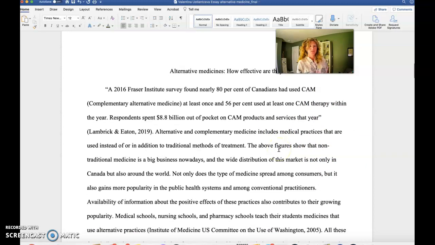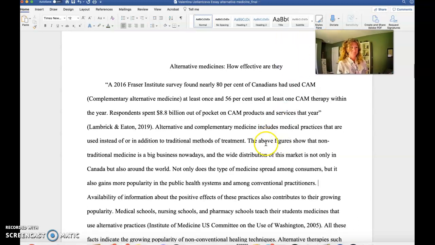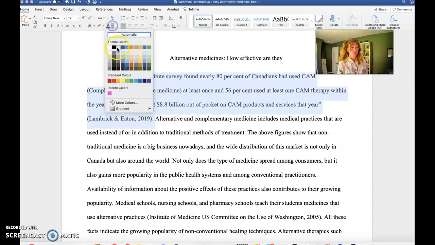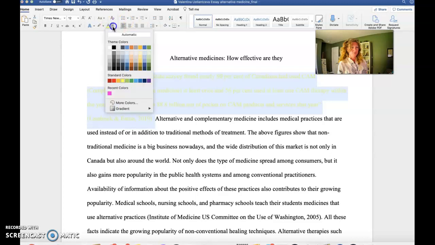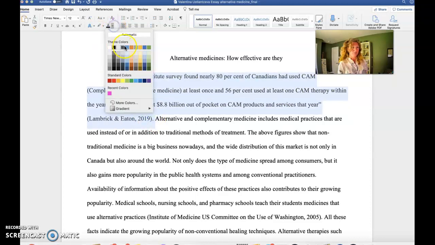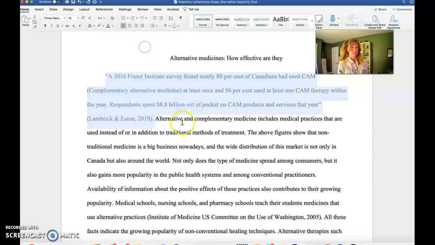Now, let's get into the introduction, because that's why we're here. What are we starting out with? Our hook. I'm going to highlight this hook here in, oops, that's not what I meant to do. I want to highlight it in, I'll put this part in blue, okay? So we can see it nice and clearly. That's our hook, okay?